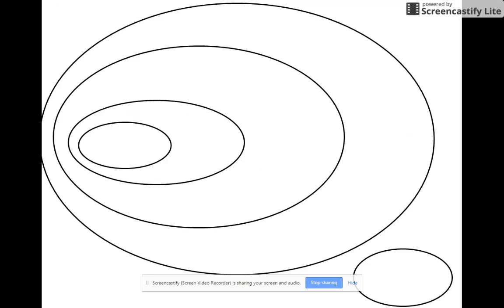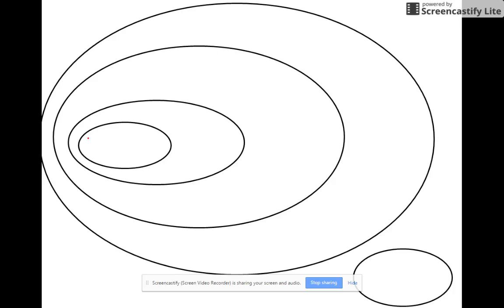Now, I want to take a look at a different representation of the real number system. Same concept, a little bit different representation. One of the ways that I taught you guys in class to remember the order of the real number system is the statement, never write in red.